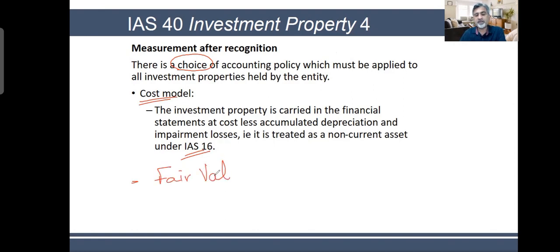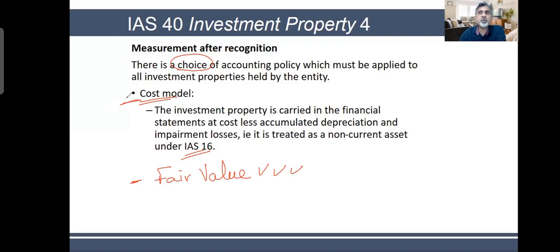So IFRS gives you both options, either cost model or fair value model. But here you should remember that from application point of view, in real life, the preference is given to fair value model. For investment property, we generally prefer to use fair value model.